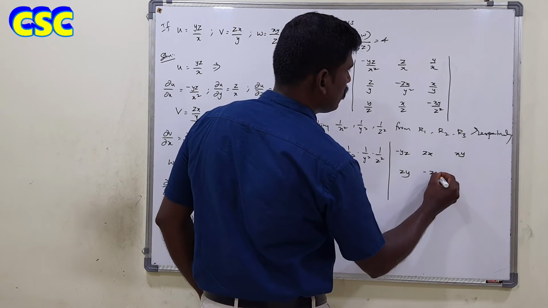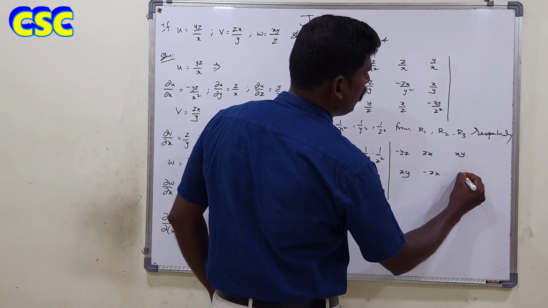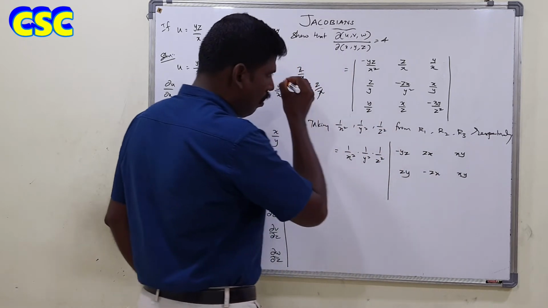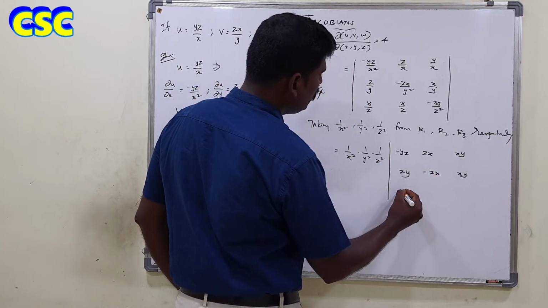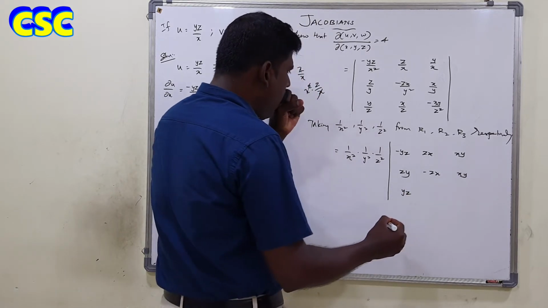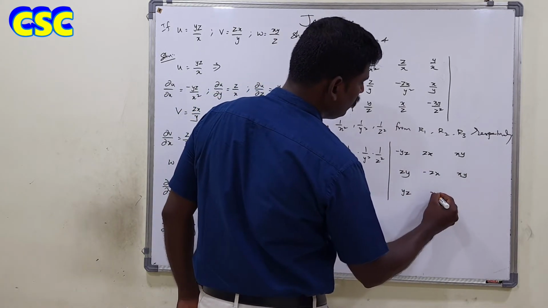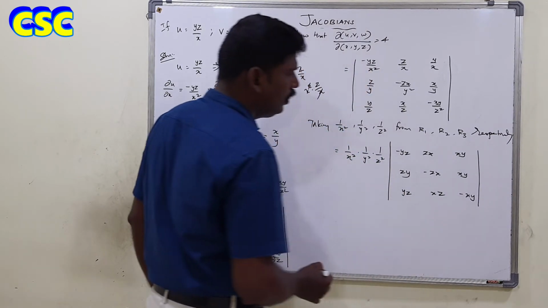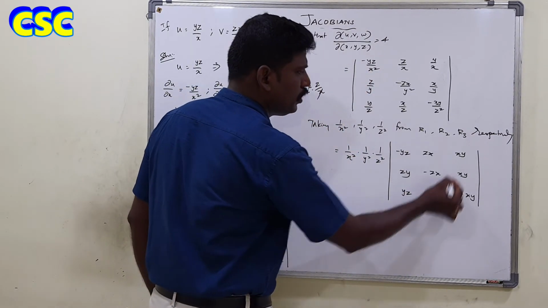Minus zx. Then y square becomes y, cancel each other, so xy. And the third term zy, yz. And then xz minus xy.